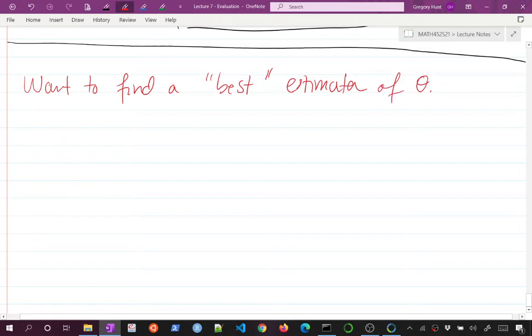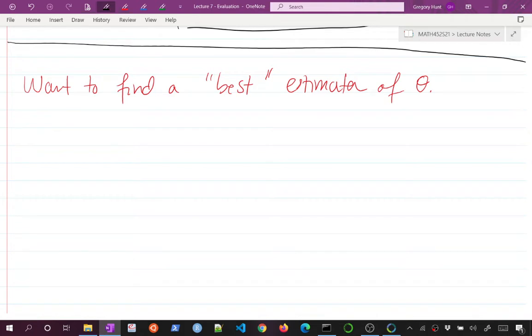So this takes a little bit of work to set up correctly. And the fact is that in general, no best estimator exists, at least as measured by the MSE.